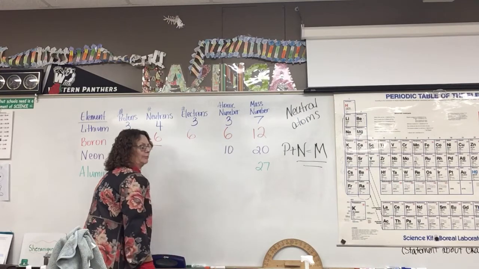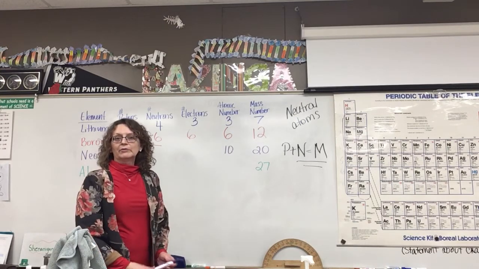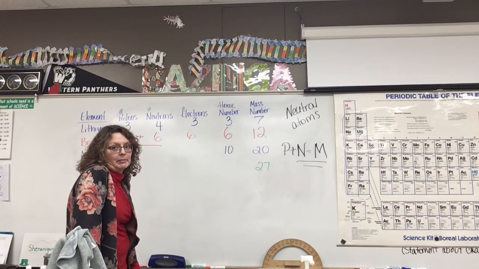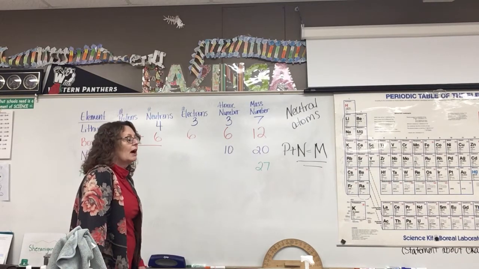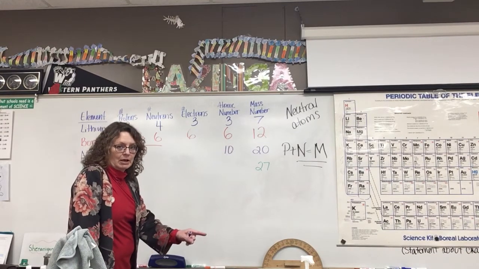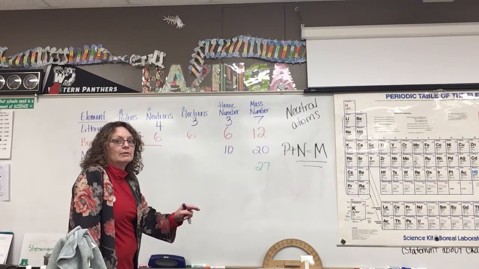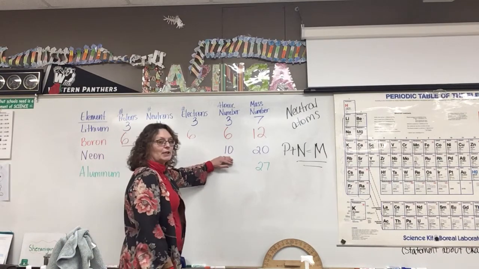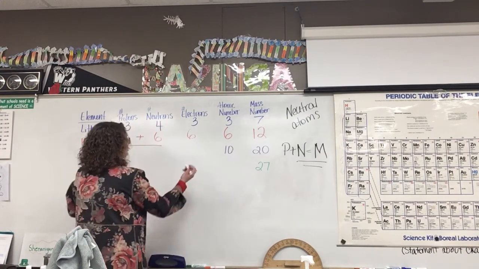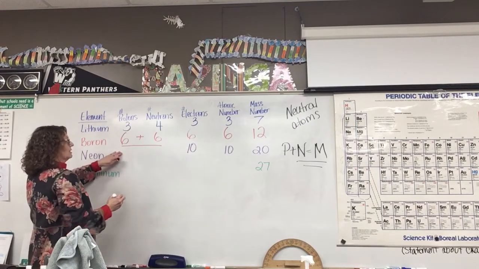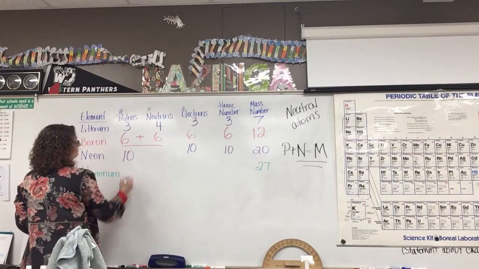All right. On this one, the only information you're provided is the atomic number and the mass number. So the atomic number identifies the number of protons and the number of electrons. So if the atomic number is 10, I know the number of electrons is 10, and I know the number of protons is 10.